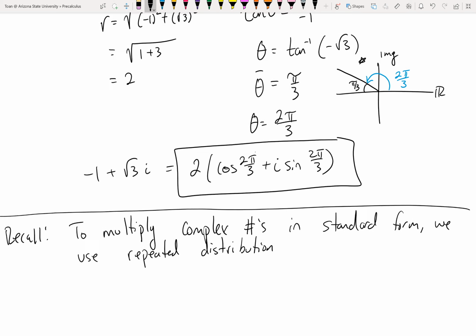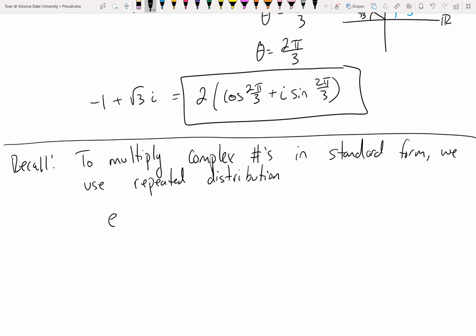For example, 2 plus 3i times -4 plus 4i. In order to answer this question, we would have to do this times that, times that, times that, times that. Not necessarily hard, but sometimes can get messy. You might make little mistakes combining like terms, etc.